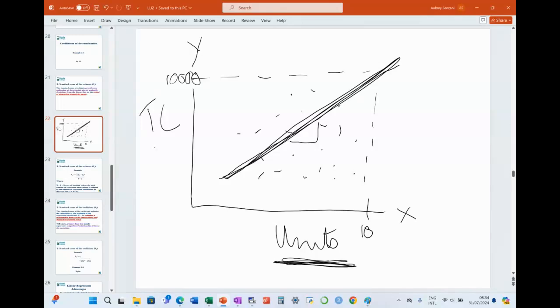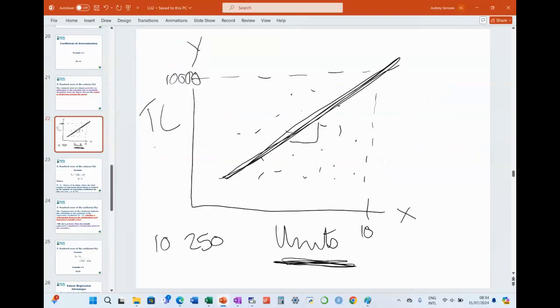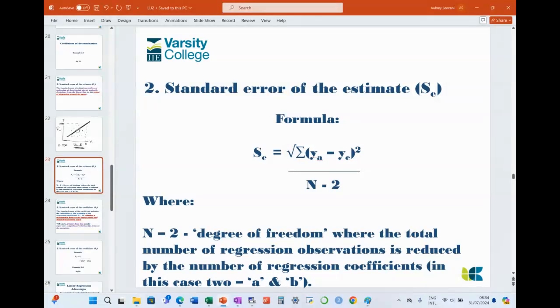In reality, we might find out that our total cost is 10,250. Can you see that? So when we're looking at the standard error of estimate, we're saying, what's the deviation, roughly? How far off could we veer from the mean, or from the line that we've put together? And there's your formula there.